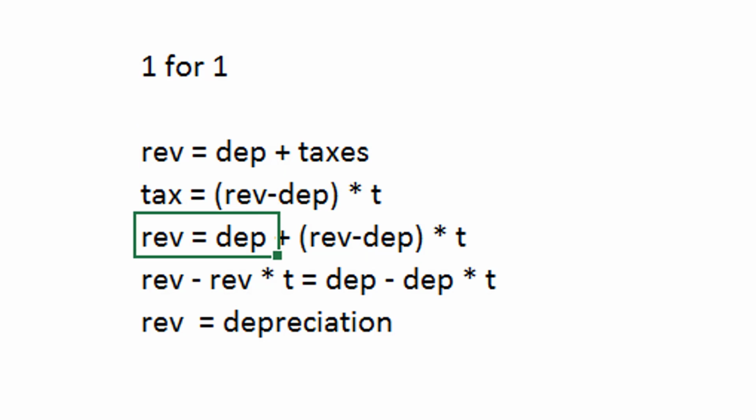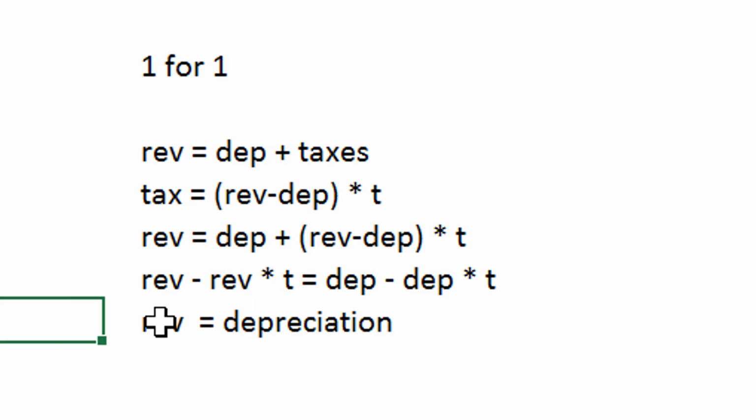You plug it back in here, and then when you put it over here, revenues minus revenues times tax, or revenues times, bring it on this side, equals depreciation times 1 minus tax, or revenues equal depreciation. 1 for 1.